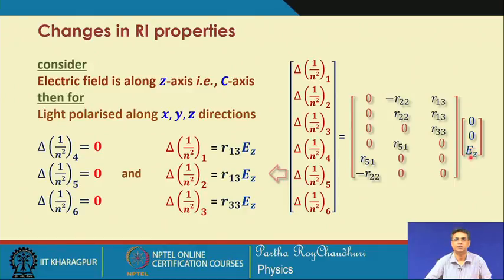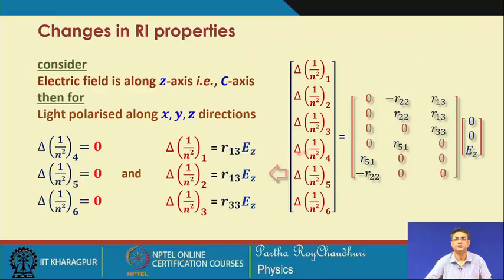Therefore, this E z component of the electric field will make the optical property, that will come later. First, this electric field will excite the crystal in order to get the changes in the impermeability. So, you can see from here, if I multiply with E z, only these 3 components will be coming into the picture and that will be attached to this.